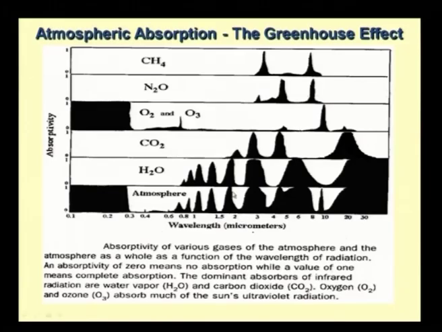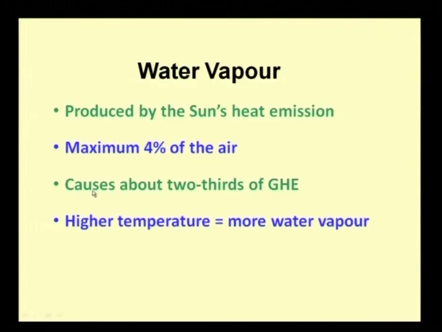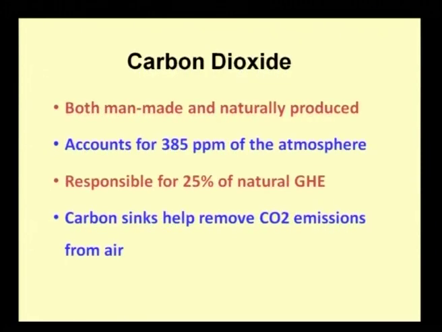Here you can see the water vapor absorbing a large amount of heat. Now, we can say the water vapor is causing about 2/3 of the greenhouse effect, and the higher the temperature, the more water vapor, and therefore, the more greenhouse effect. So, in that way the water vapor is causing the greenhouse effect.